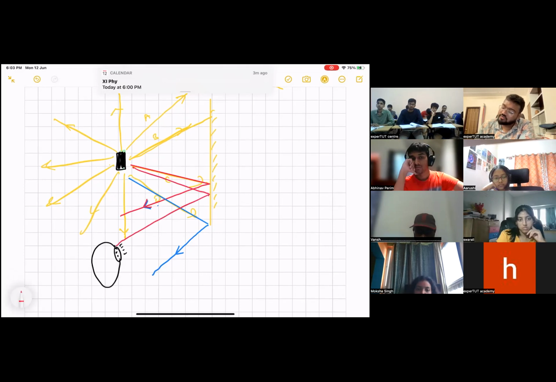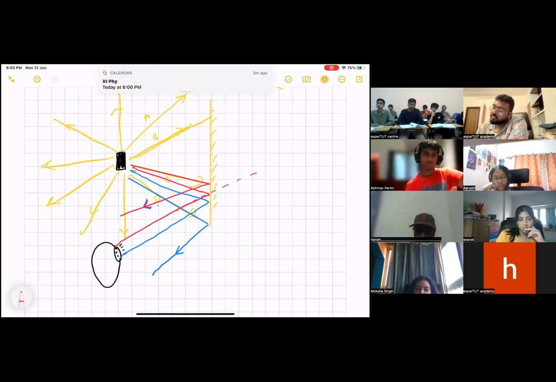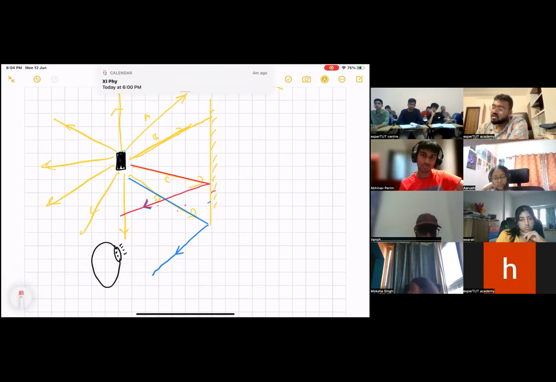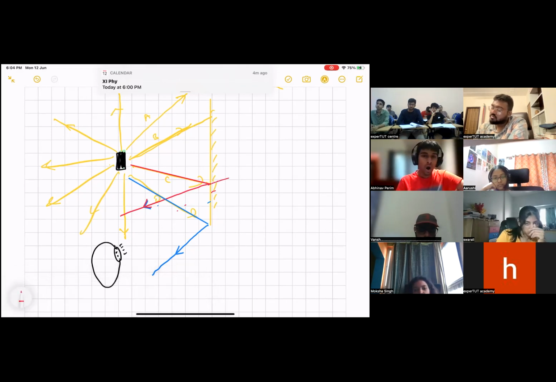Those two rays are slightly diverging from each other, but they're hitting the eyeball. These two rays will be produced backwards. Right now I'm just explaining it with these two lines, not the original lines, because the triangle will be difficult to make. So understand it geometrically that these two rays will be produced backwards.